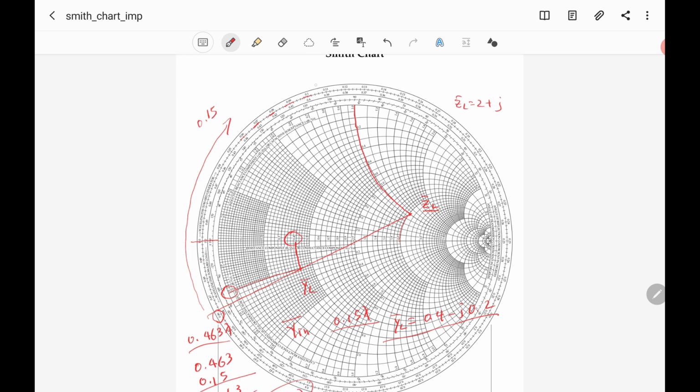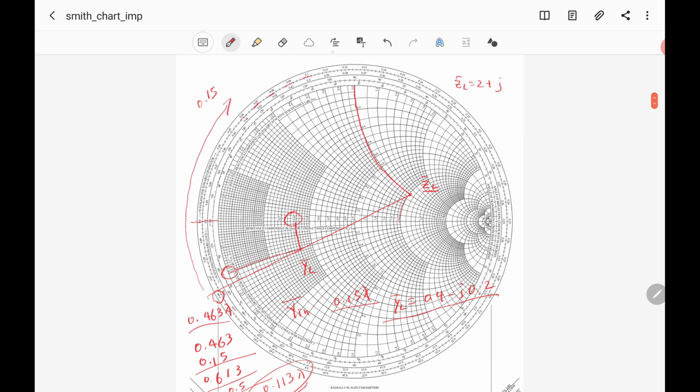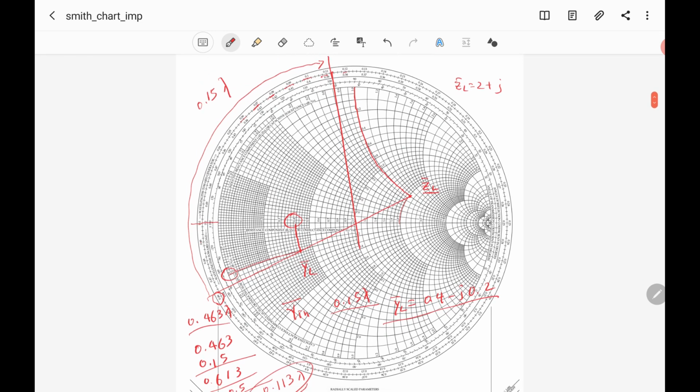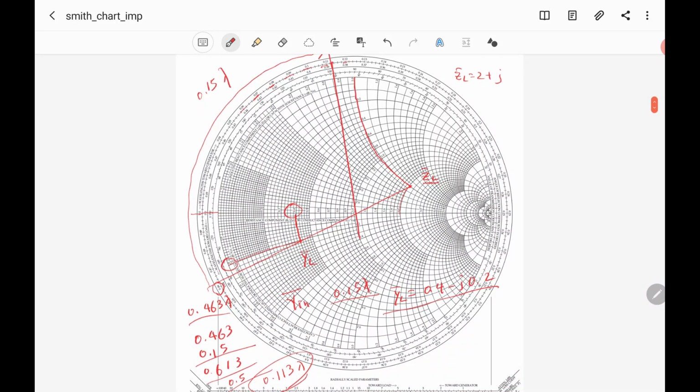And then we should find the point 0.113. So the value will be here, right? If we draw a line from here to there, this represents 0.5 lambda. The point is about here; if you have a compass, it should be perfect to find.